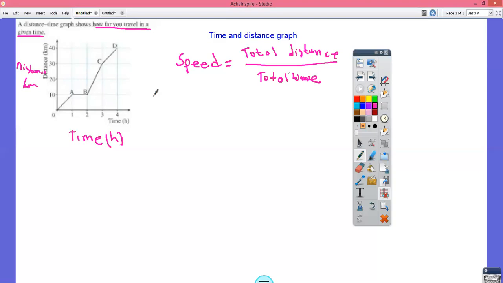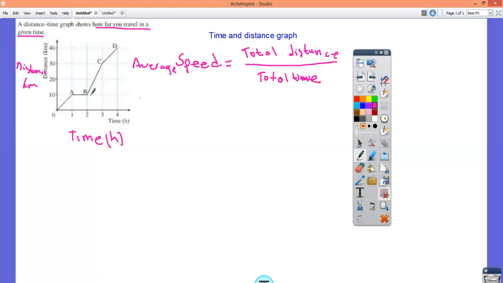Now here, not only speed, this will be average speed. Let's write here: average speed, total distance over total time. How are we going to evaluate the speed?